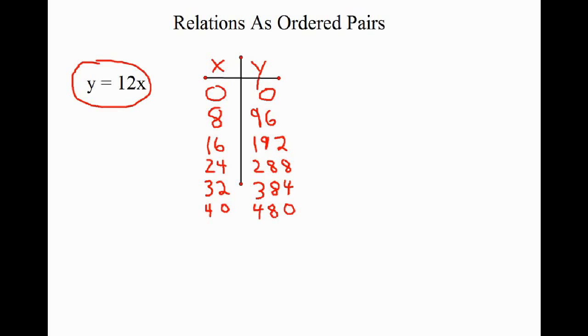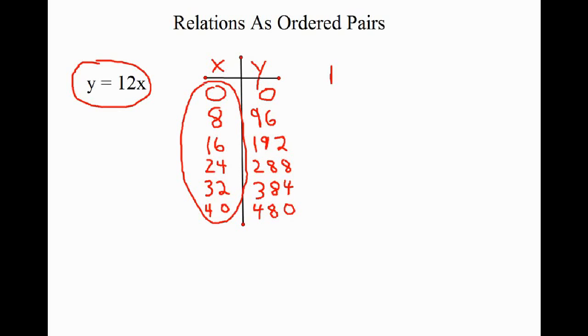So this is an example where there's a limitation on what the values of x can be, and therefore a limitation on what the values of y can be. If we're calculating how much money we make per week, and we work only 8-hour shifts, these are all the possibilities. All the possibilities for x are called the domain.